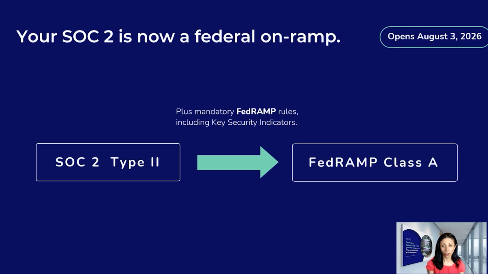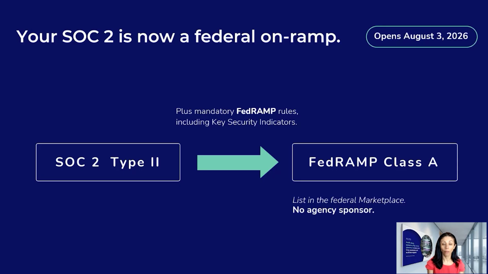By August 3rd, as we talked about in the timeline, you could apply to be a Class A on FedRAMP 20X on the marketplace by completing and coming up with the evidence for the rules, as well as the KSIs applicable to Class A. If you need more information on what exactly that is, look me up, Angela Polania, on LinkedIn, or send me an email at apolania@Elevate Consult, and I'll send you exactly what you need to do for a Class A application.